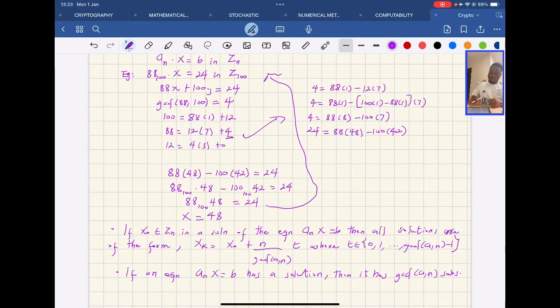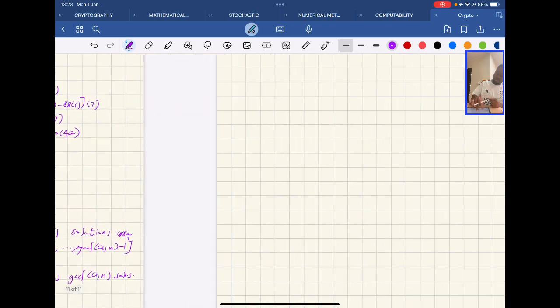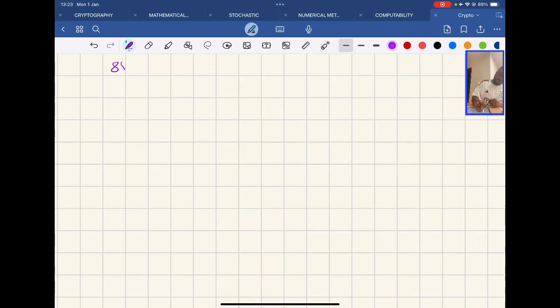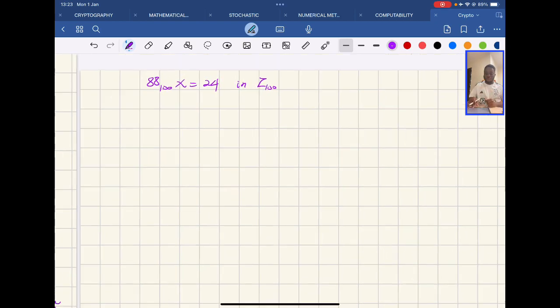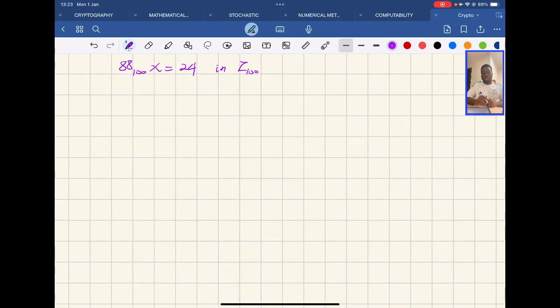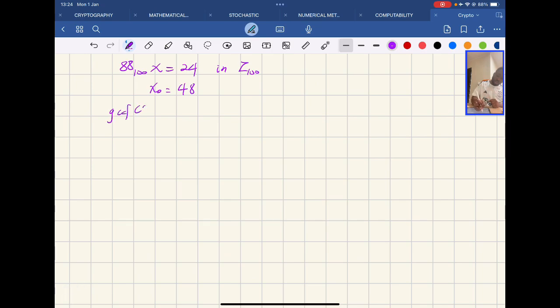So in this case, we have 88 x is equal to 24 in Z100, right? So what do I mean by this? First of all, we want to check the number of solutions that can satisfy this equation. So we got x naught to be equal to 48, and to find the number of solutions, that is when we find the GCD. So the GCD of 88 and 100 is equal to 4.